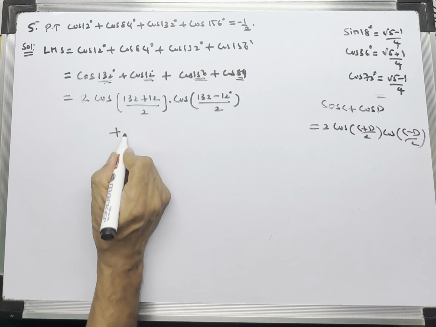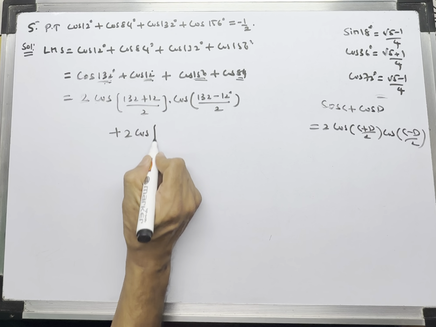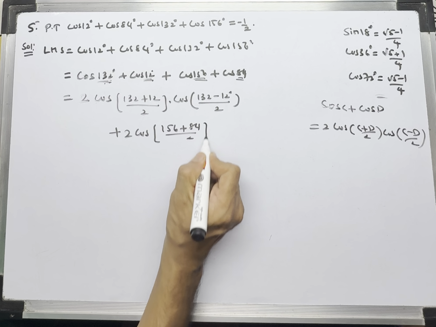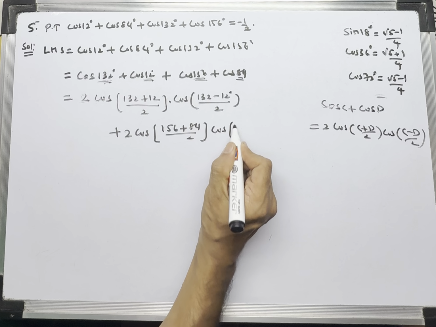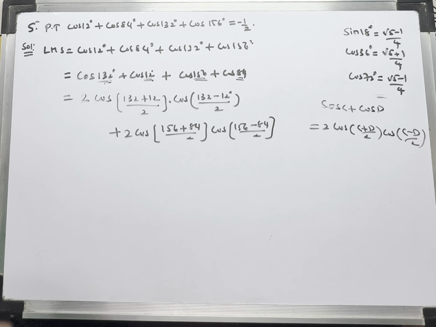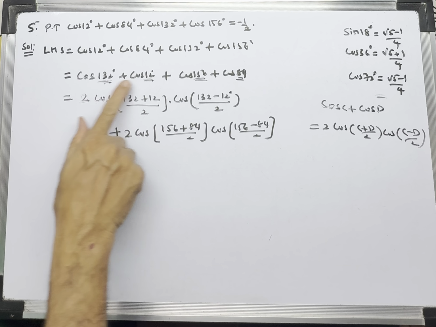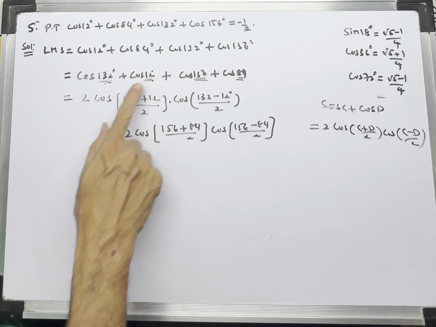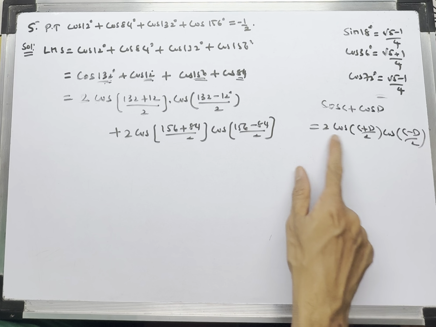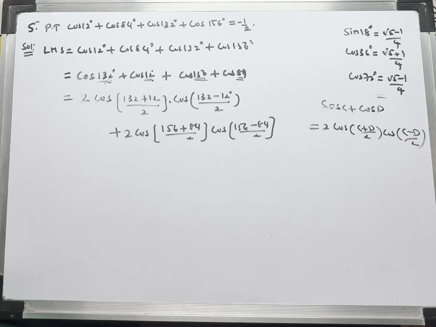So how much will you get? 2 cos of 156 plus 84 divided by 2 into cos of 156 minus 84 divided by 2. First you have to remember: group the data, then take 132 and 12 as C and D, and use the formula 2 cos C plus D by 2 into cos C minus D by 2.